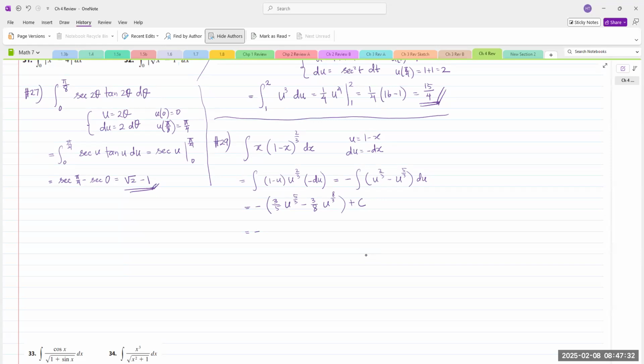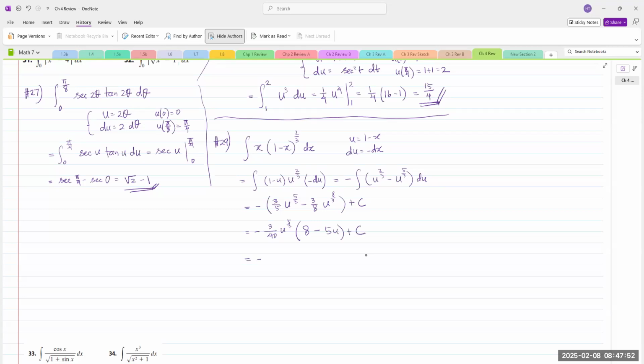So we have common factor 3 over 40 u to the 5/3, right? So the first term, there will be 8, minus the second term, that will be 5u.